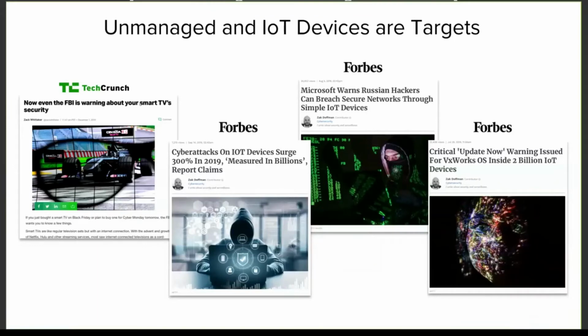So speaking to some of the events that have gone public, have been occurring in the wild and really growing in intensity, they range from, as it says here, even the FBI warning about smart TV security. This was issued to consumers, but quickly looked at by enterprise environments because smart TVs are everywhere, right?